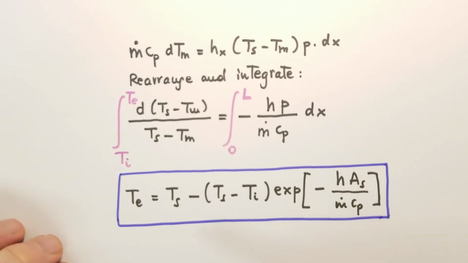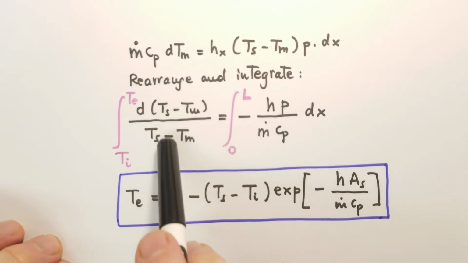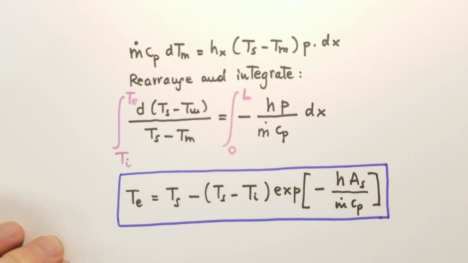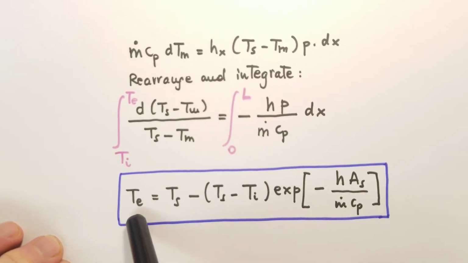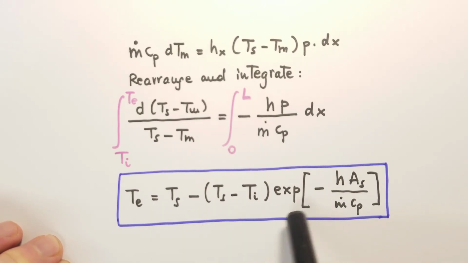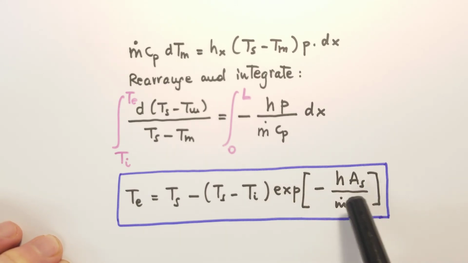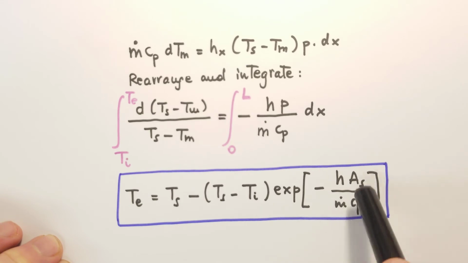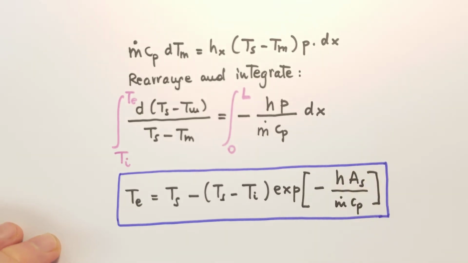And by integrating, we find a natural log here. We can rearrange and express Te, the mean temperature at the exit, as an exponential function, which depends linearly on x in the exponent.